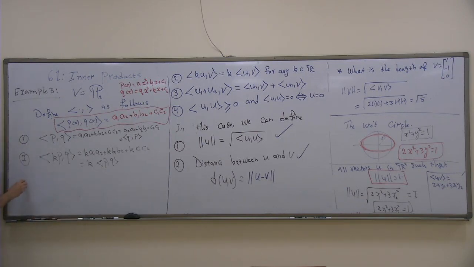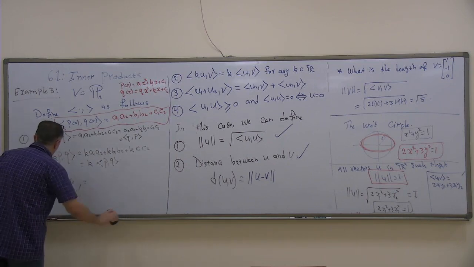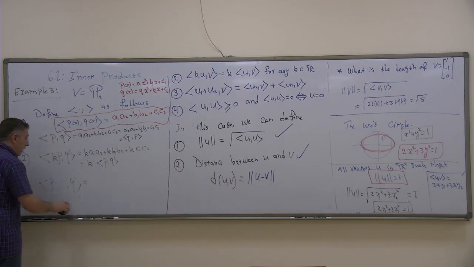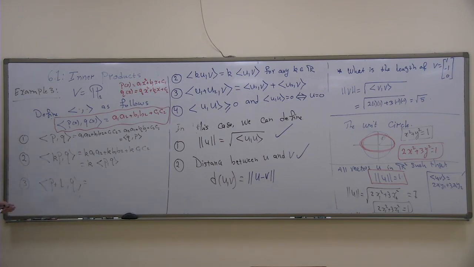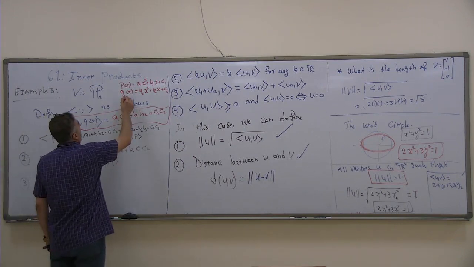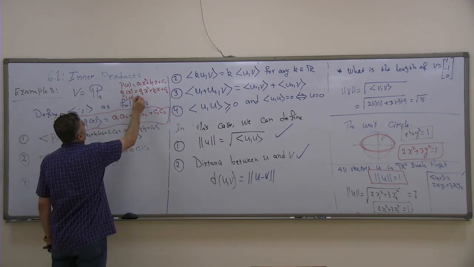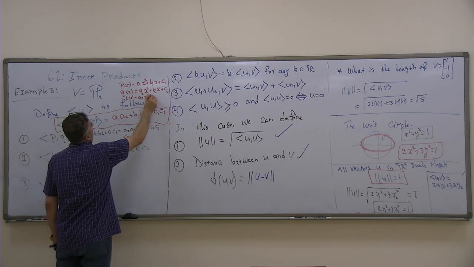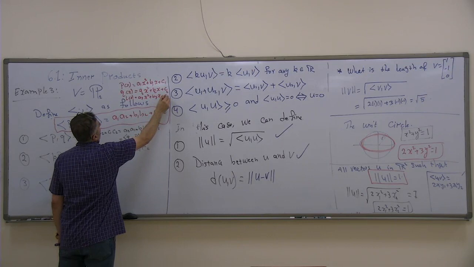All right, 3. P1 plus P2, Q. What is that? In this case, let me keep P, Q, and write this as P, Q, and L. And my L, I'm going to take L of x to be A3 x squared plus B3 x plus C3.